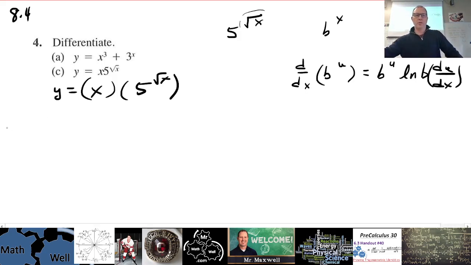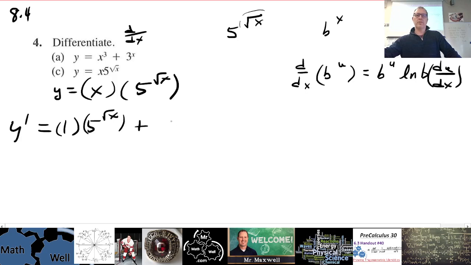Okay. So y prime is going to be the derivative of the first times the second. So derivative of the first, again, we're differentiating with respect to x if it's not indicated. So that's going to be 1 times 5 root x plus the first, now times the derivative of the second. So this is where it gets maybe a bit messy, but the derivative of an exponential function is just itself.